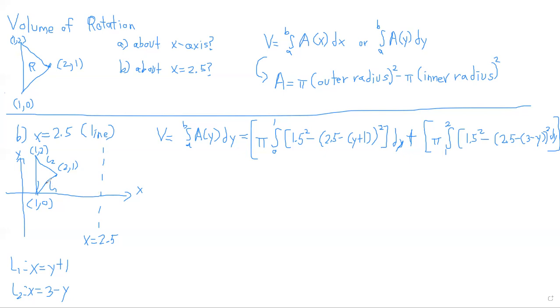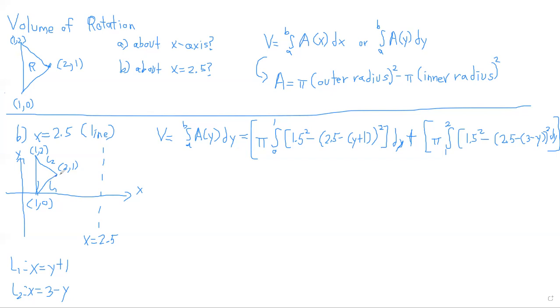If y was 0.5 right here, that inner radius is 1.5 minus 0.5, which is 1.